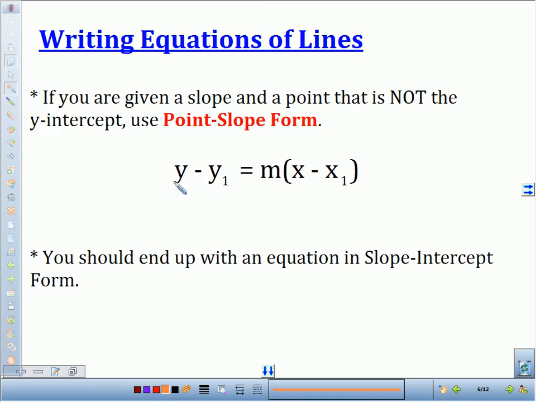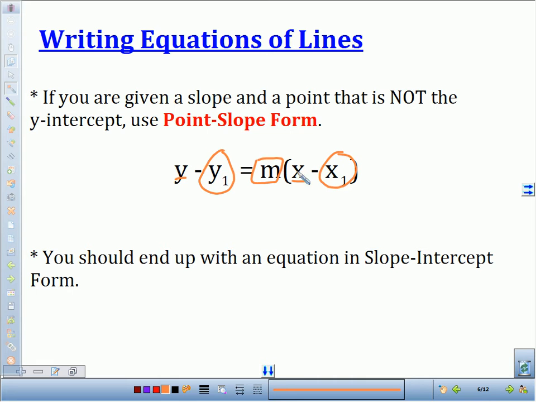Now, the first y and the first x are going to stay y and x. The y1 and x1 are the x and y coordinates of a point that we're given. And m is our slope.